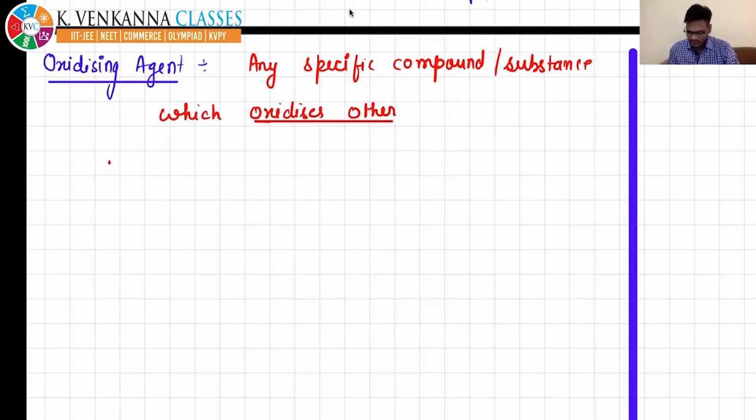So what does it mean? If it oxidizes others, it means it increases the oxidation number of the other element or other compound.